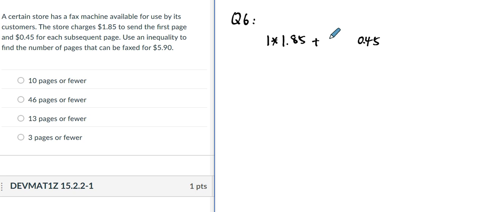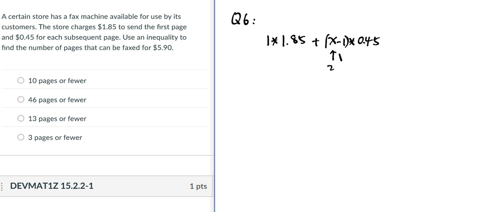So if x stands for the page number, x equals 1, you only use 1 times 1.85. If x equals 2, then for page 1 you charge this much, and for page 2 you charge (x minus 1) times that. See, if x is 2, 2 minus 1 is 1. Page 1 is still $1.85.